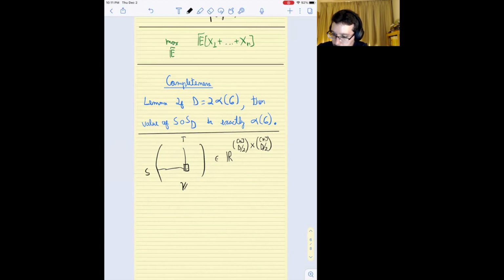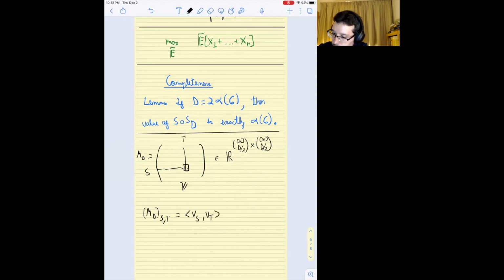So we know in particular that the entry, and let's call this M_d, the entry M_d indexed by S, T is equal to the inner product of v_S with v_T.